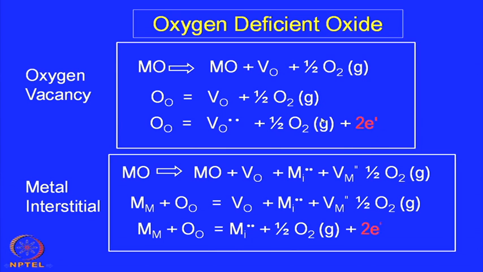In fact, they are the origin of the semiconductivity in some of these oxides, particularly the transition metal oxides. So, oxygen deficiency can be caused either by oxygen vacancy or metal interstitials. Both of them are point defects or crystalline defects.